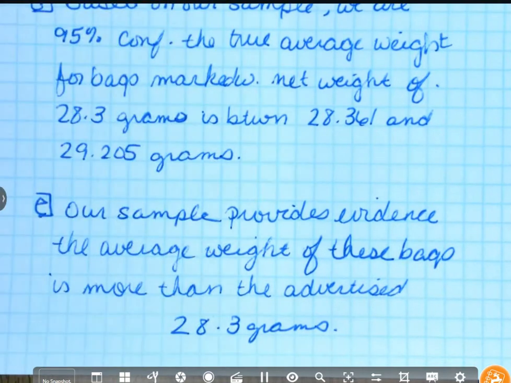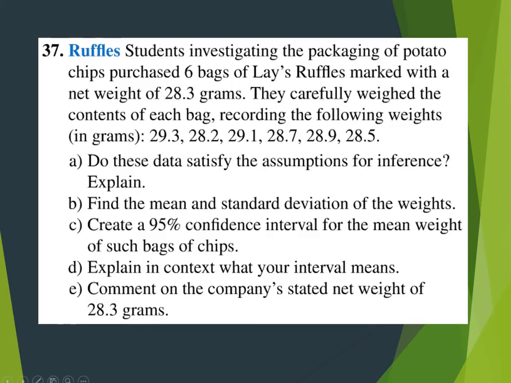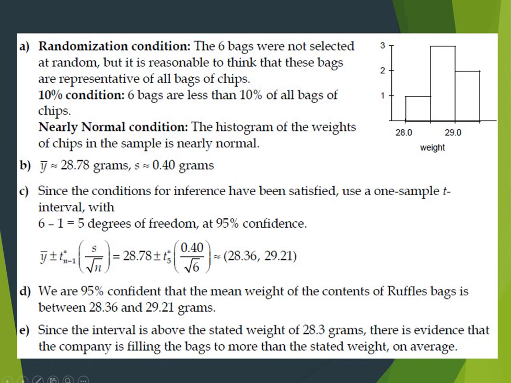I wrote, our sample provides evidence that the average weight of these bags is more than the advertised 28.3. I mean the textbook talked about the idea of it's not in the interval. So more power to you. It's not in the interval. So there's evidence that it's more than. Okay? Not too horrible with that?